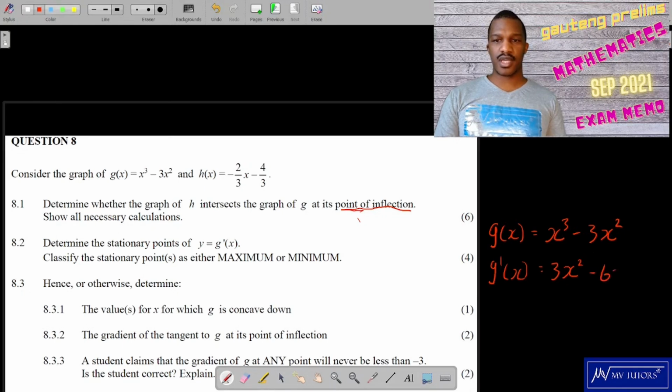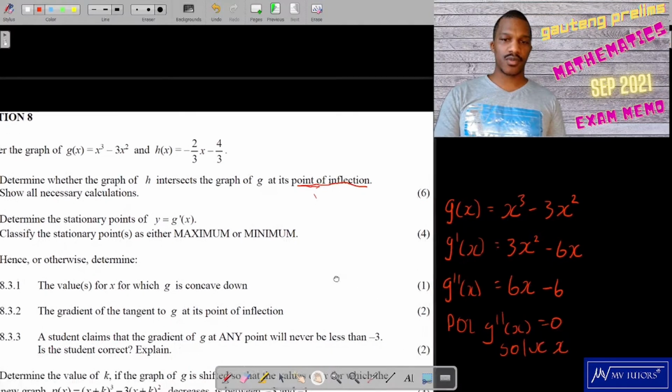It's 6x. And then we'll do it to the second degree. It's just how you solve a point of inflection. 3 times 2 is 6x, and this side it's minus 6. So what you do to solve a point of inflection is take the second derivative, equate it to 0, and then solve for x.